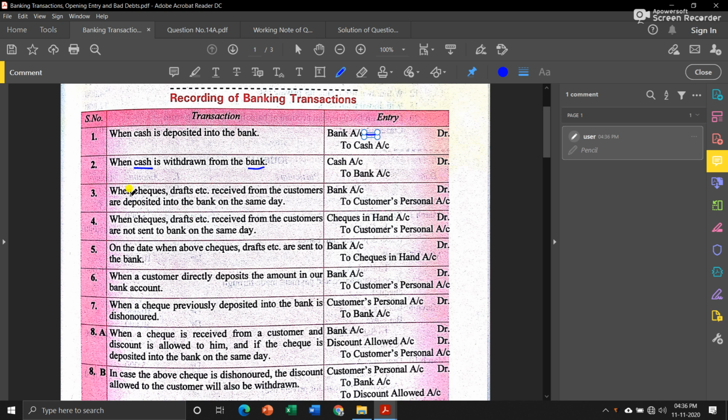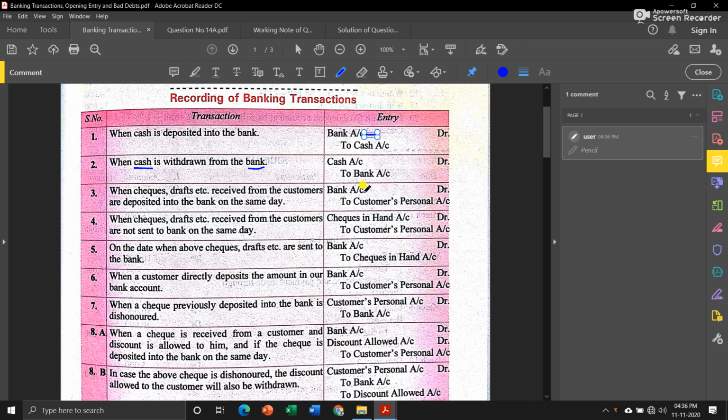Then third point is when checks, drafts, etc. received from the customers are deposited into the bank on the same day. That means one of our customers gave us a check, okay, and on the same date we deposited that check in our bank. So instead of receiving cash in our hand, our bank account will receive money.